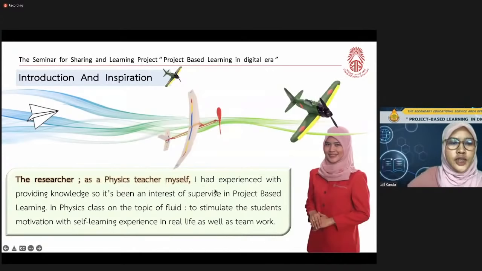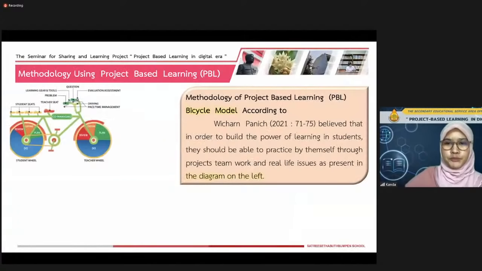Okay, the researcher, as a physics teacher myself, had experience with providing knowledge, so it's been an interest to supervise project-based learning in physics class on the topic of fluid, to stimulate the students' motivation with self-learning experience in real life as well as teamwork.